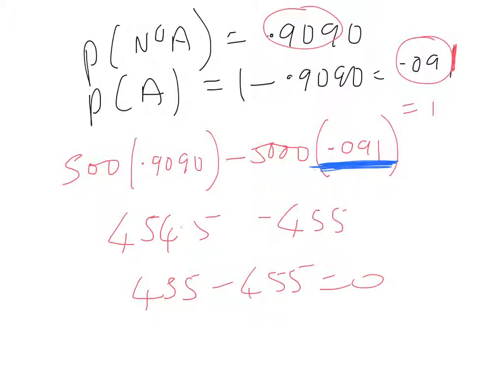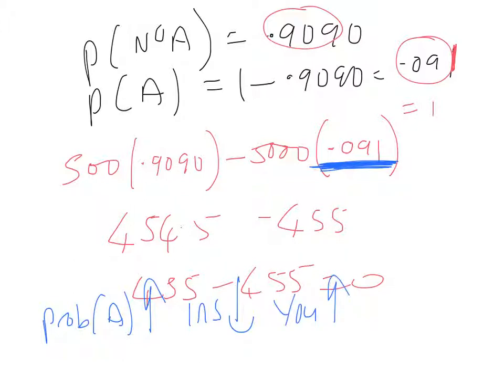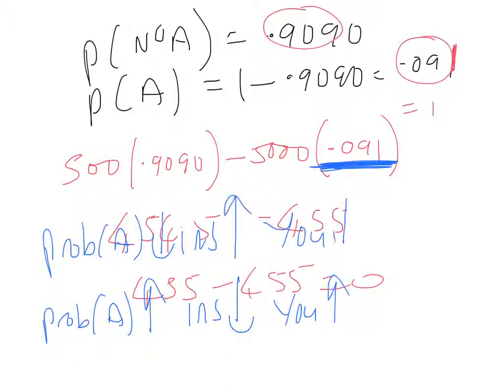Okay, so if the probability of an accident is going up, it means that the insurance company is going to lose, which means that you are going to gain. If it goes the other way, if the probability of an accident goes down, it means that the insurance company is going to gain and you are going to lose.